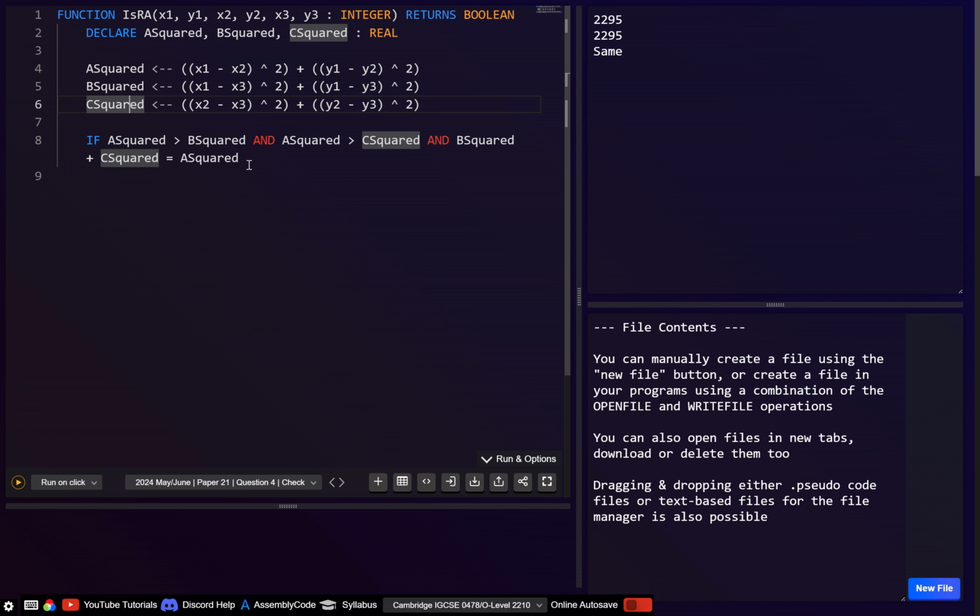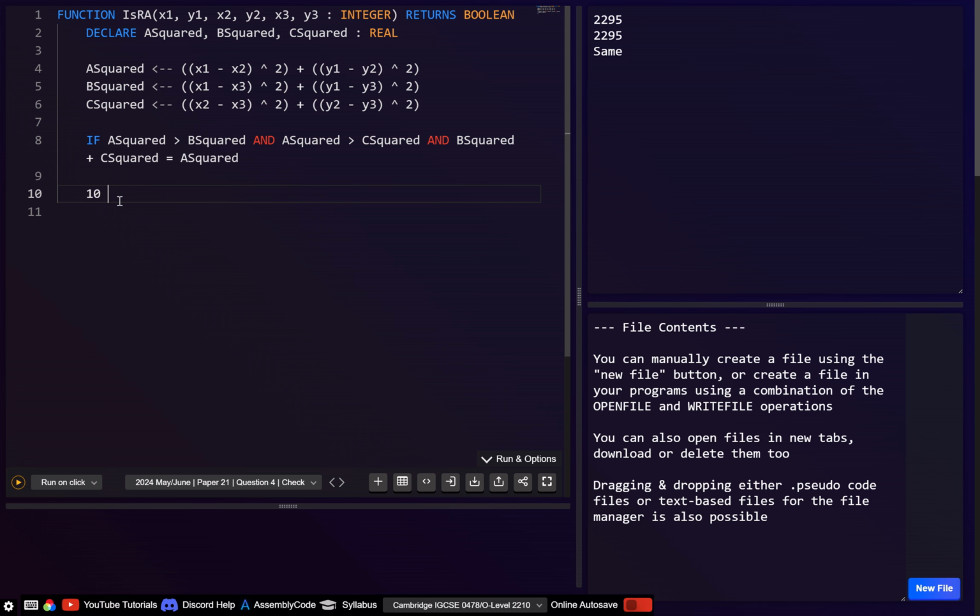Now, there is actually a way you can shorten this, where you can just say, if a squared is equal to b squared plus c squared, or if b squared is equal to a squared plus c squared, or c squared is equal to a squared plus b squared. Because if, for example, b squared is the biggest, then a squared is never going to be equal to b squared plus c squared.